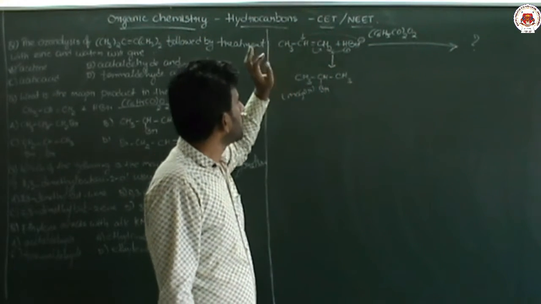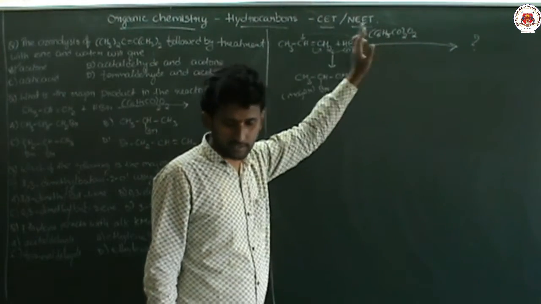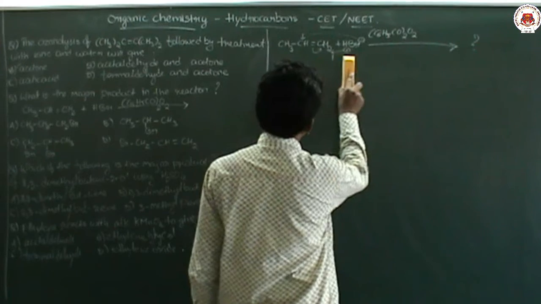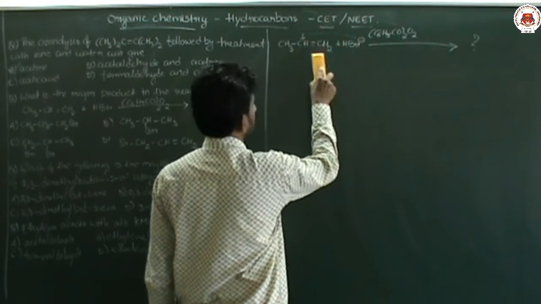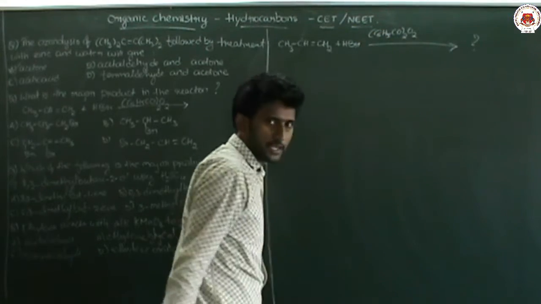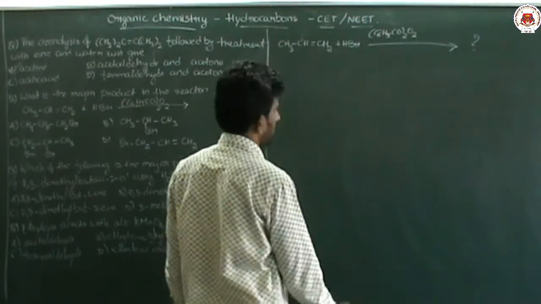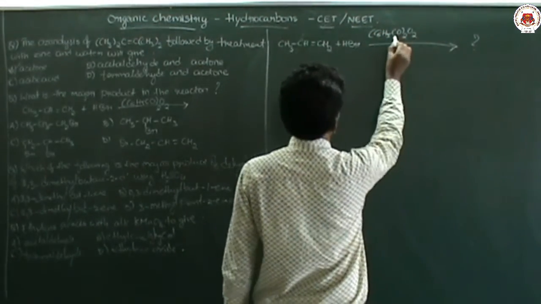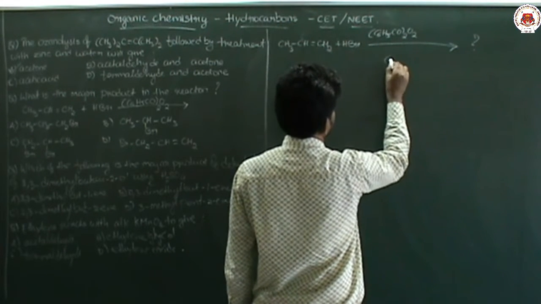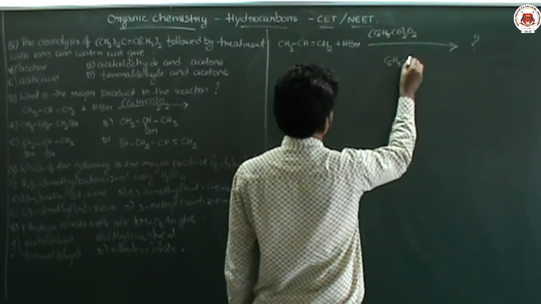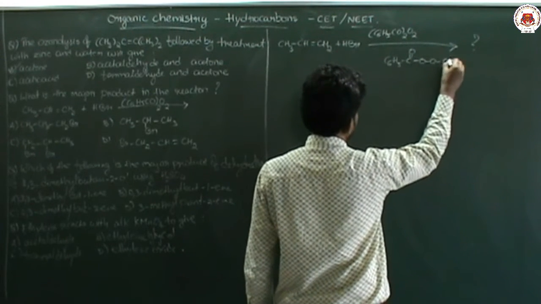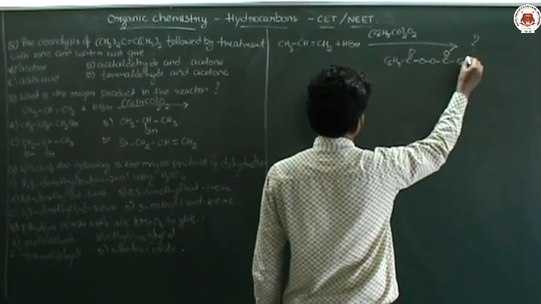Clear? Now, what happens in the presence of peroxide? Let us see. The given reagent here is benzoyl peroxide. Means the same compound you can write like this: C6H5, C double bond O, this is the benzoyl group, 2 oxygen atoms linking C6H5.